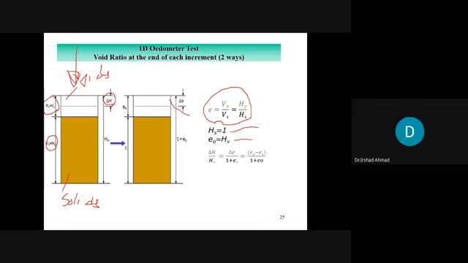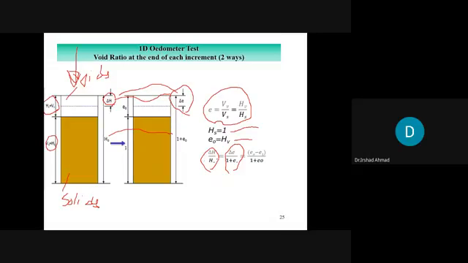And that is the change in the void ratio, which corresponds to delta H. Now, from the ratios, delta H over H naught would be equal to delta e over e naught. Why? Here you see delta H corresponds to this, and H naught corresponds to this.